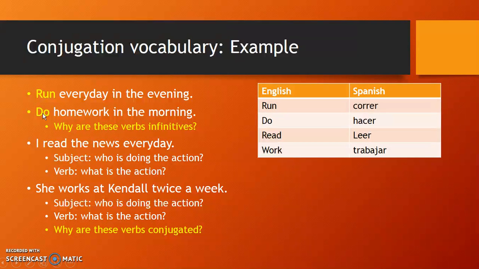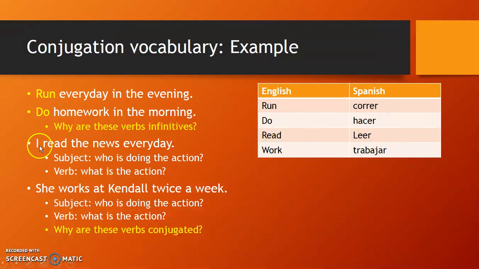These are just kind of general statements, right? I don't know when this is happening. I don't know the tense. So these are infinitive verbs. If you see them in Spanish, correr, hacer, leer, trabajar, they're also infinitives. They have the AR, ER, and sometimes the IR endings. So that's how you know they're not conjugated.